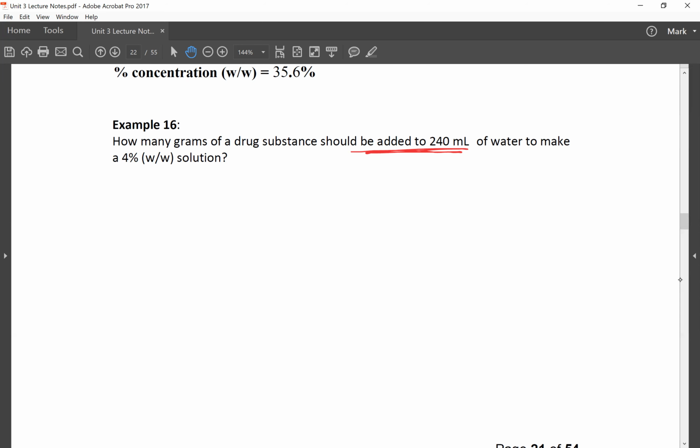That means that this amount, this 240 milliliters, is not my total solution. This is what we would call the solvent. We're adding it to the solvent, and I need to figure out how many grams of the substance I'm going to add.